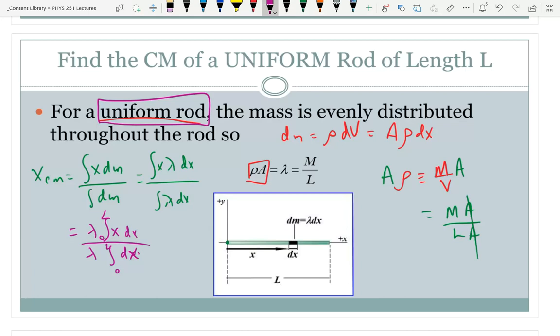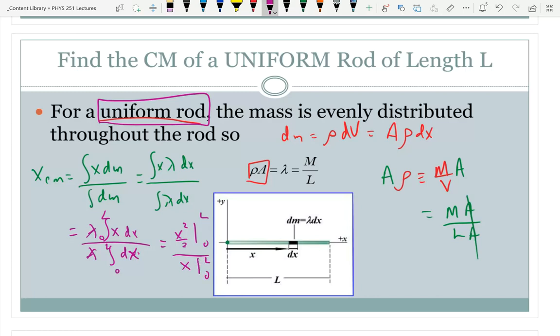So our lambdas cancel, so it doesn't even matter what the mass of this thing is or the area. And we have, what's the integral of x dx? x squared over 2. And the integral of dx is x, you're right.